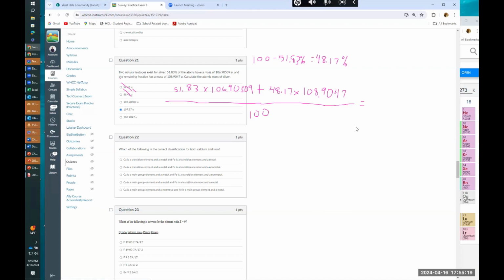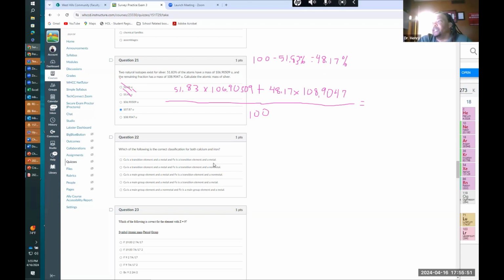It says, which of the following is the correct classification for both calcium and iron? A. Calcium is a transition element and a metal. Iron is a transition element and a metal. B. Calcium is a transition element and a metal. Iron is a transition element and a nonmetal.